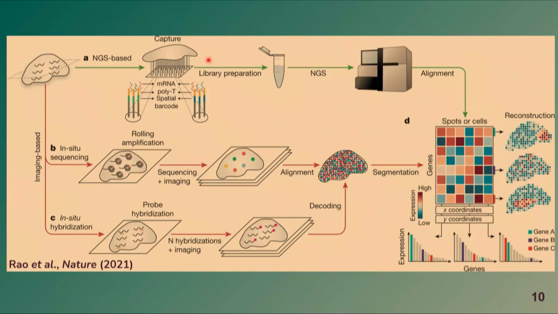Once this information is captured, it passes through a computational process called alignment, in which the DNA sequences are compared to a database of genomes and genes to map each DNA sequence to its corresponding gene, such that our final output is a table like this, in which we measure how many sequences of each gene were collected in each spot of the lane, besides the x and y coordinates of each spot.